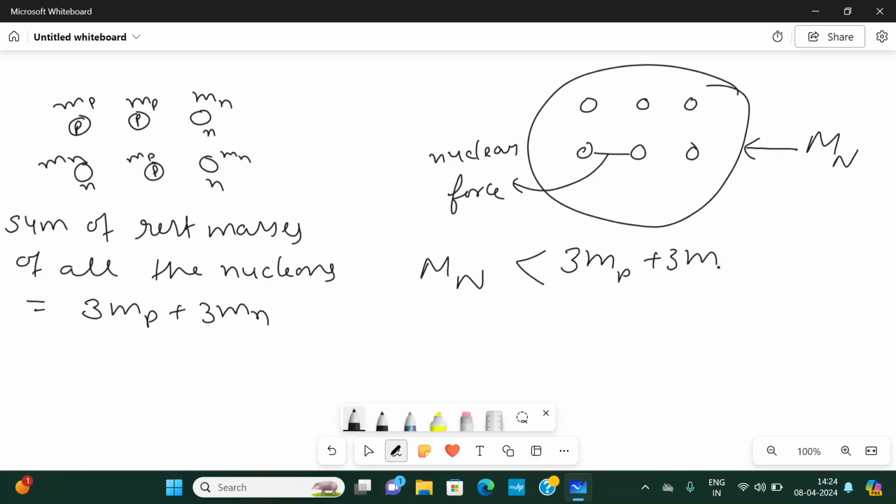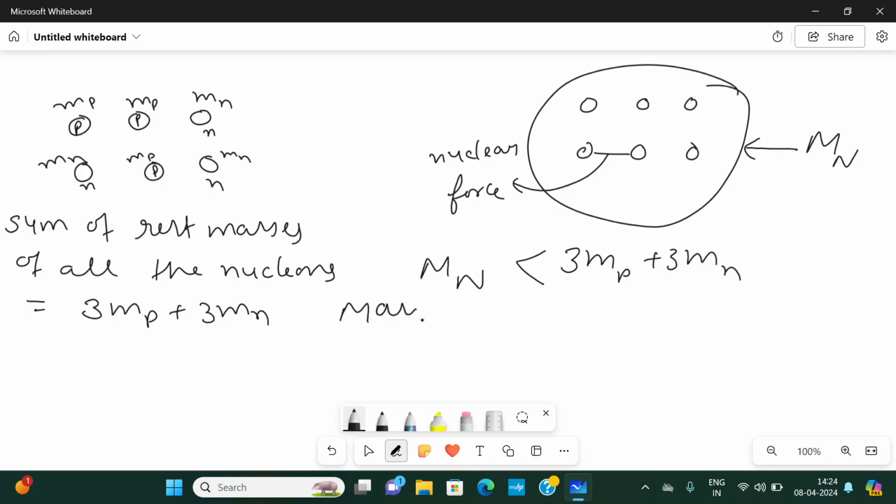We can say that when nucleons are brought together to form a nucleus, some mass disappears. So the difference between the sum of rest masses of all the nucleons and the actual rest mass of the nucleus is called disappearing mass or mass defect.